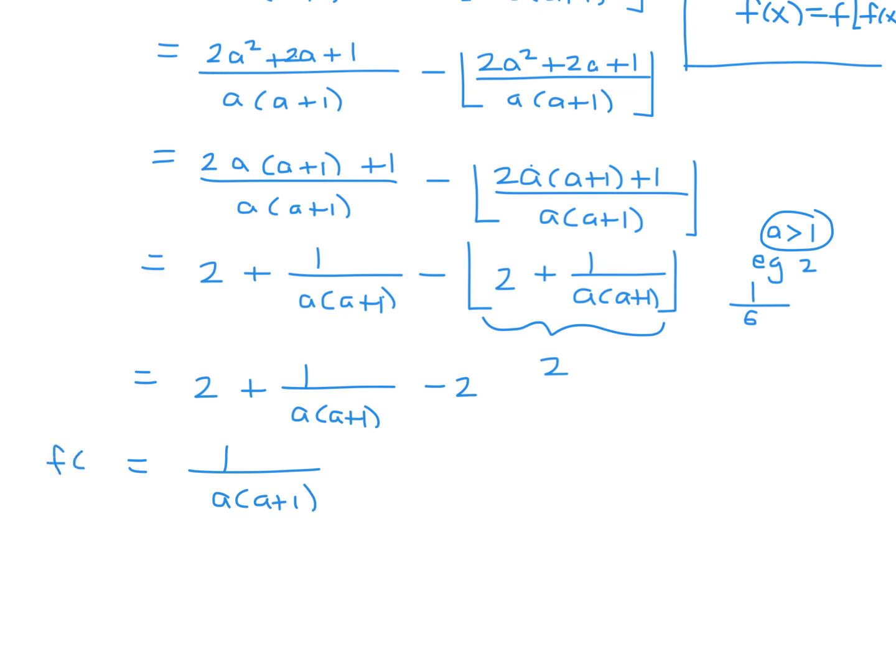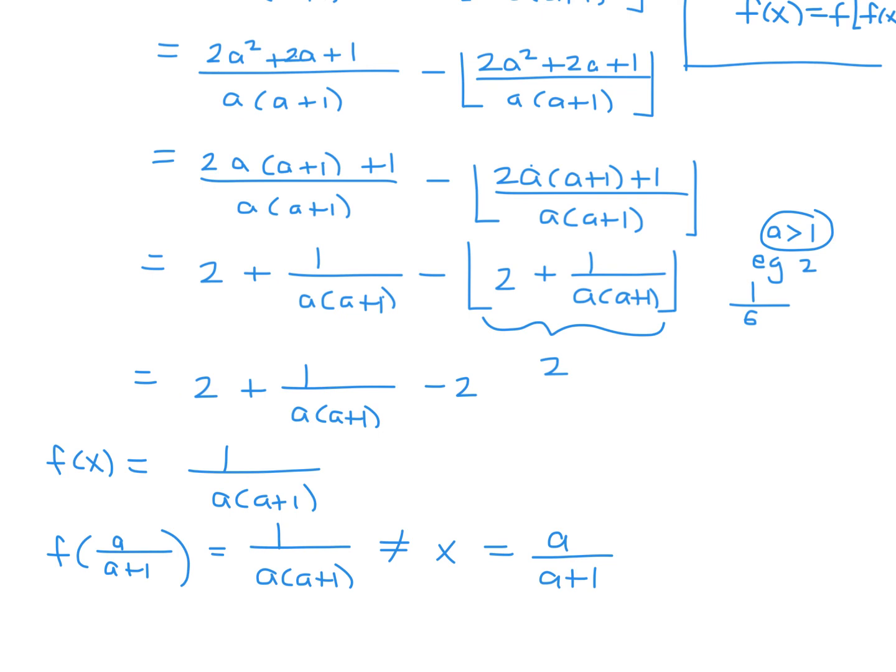And that, if you recall, was f at x. And x was equal to a over a plus 1. And therefore, we have shown that this is not equal to x, because x is equal to a over a plus 1. Now, this is not equal to this, but could it be? Well, let's see.